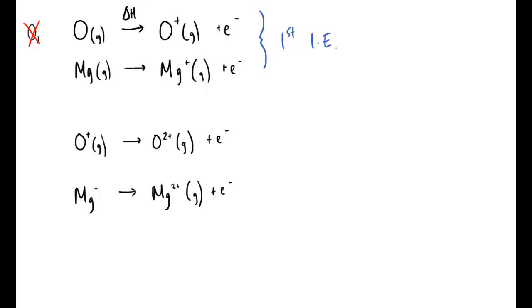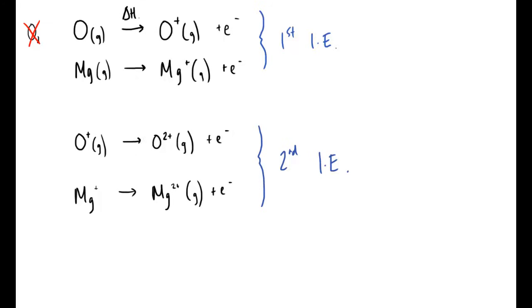So still the same thing: we've got the gaseous parts and we've got the correct charges and electrons. Note though that we do not start with atoms here for our second. We start with ions, and that's because this is the second ionization energy, and therefore the definition changes. It's not going to be the same as the first one.